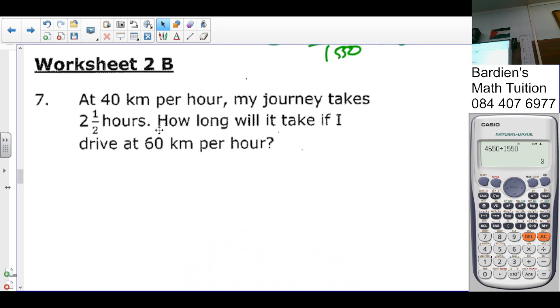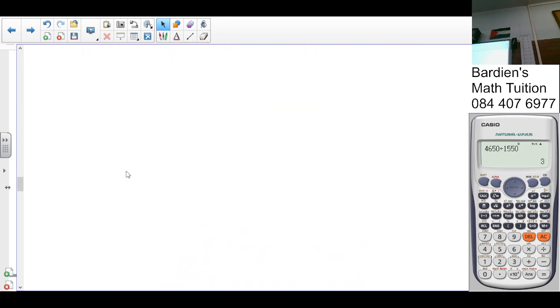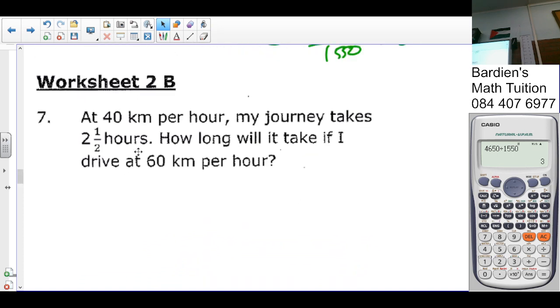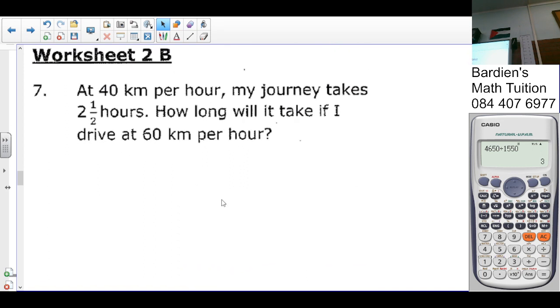Number 7. The last question was number 7, correct? We are told that at 40 kilometers per hour, my journey takes 2.5 hours.